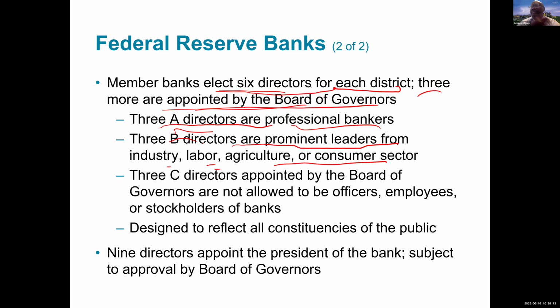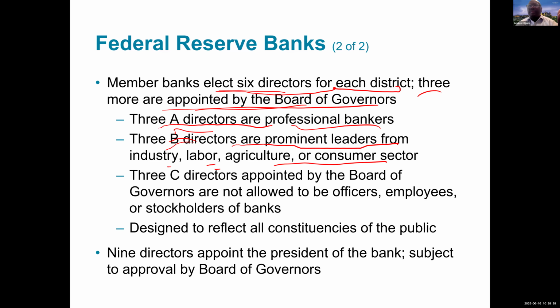Or if your district is located in a place where there are strong labor unions, like New York or the Wisconsin area, then maybe some of those directors should come from the labor unions. Or if your district is located in a place where there's a lot of manufacturing, those directors should come from industry.